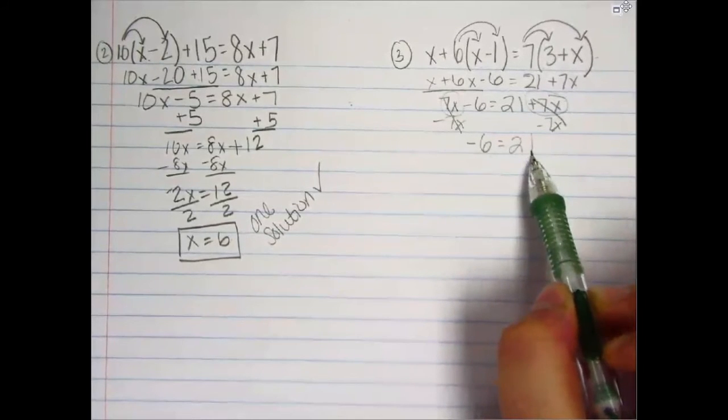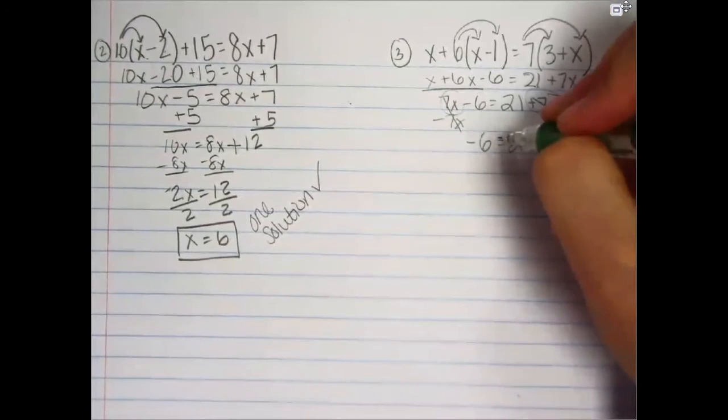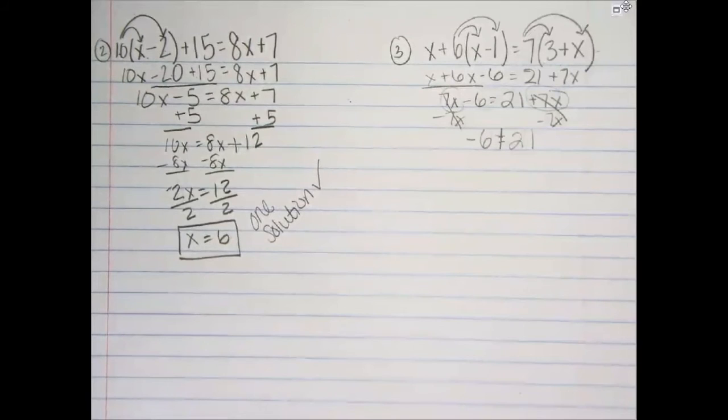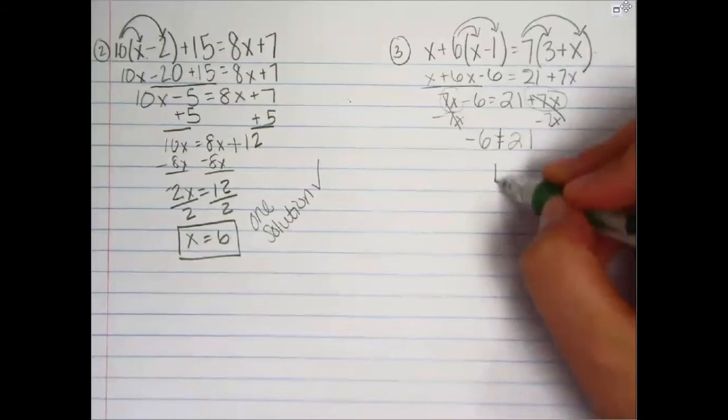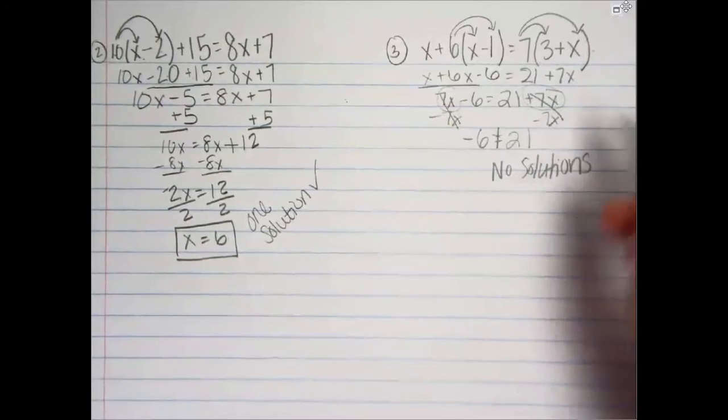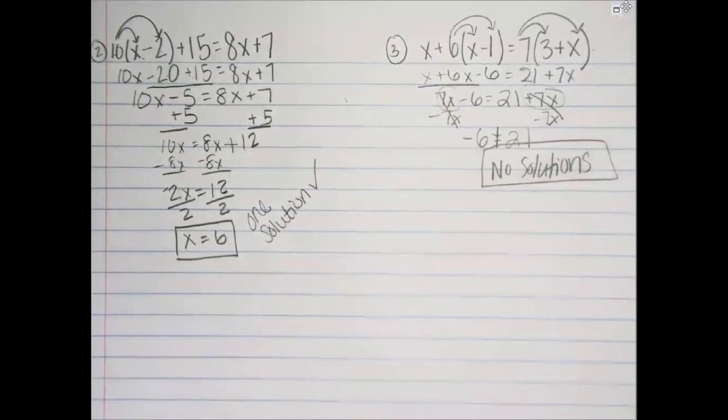But is that a true statement? No. So since that does not give me a true statement and my variable is gone, I have no solutions to this. Nothing I plug into or substitute in for x will make this equation true.